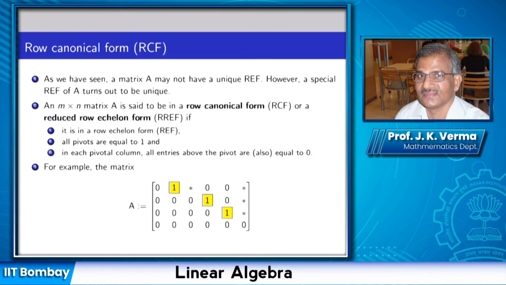And the next column has a pivot in the third row, and all the entries in that column except the pivot are equal to 0. And the last column has no pivots in it. So this is a matrix in row echelon form, and the pivots are sliding to the right as we go down from one row to another row. So this is in row canonical form.